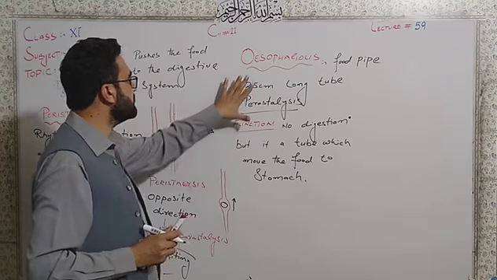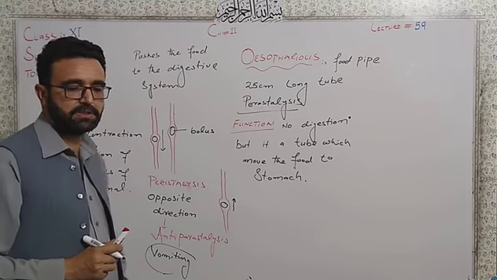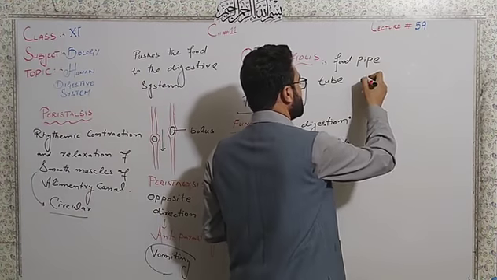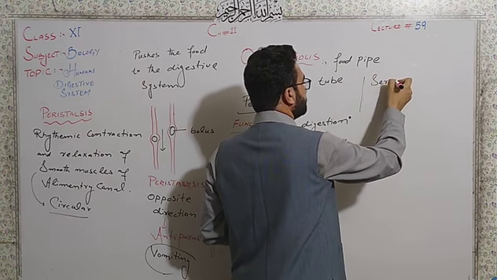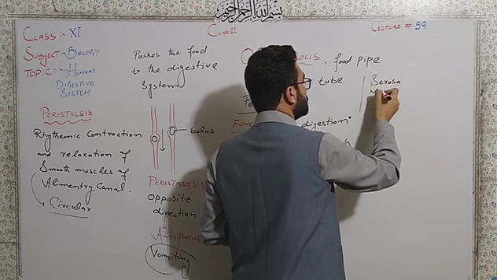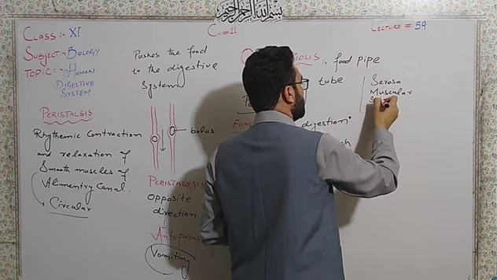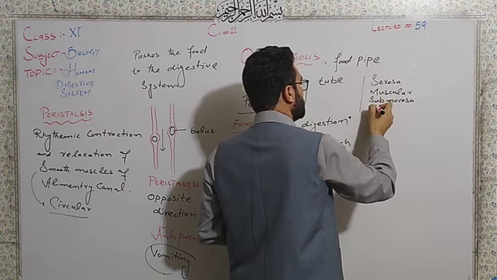No digestive function. The esophagus is a 25 centimeter long tube, and the composition of its wall is the same as the whole alimentary canal: serosa, muscular smooth muscles, submucosa, and mucosa.